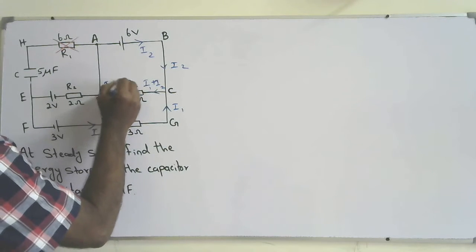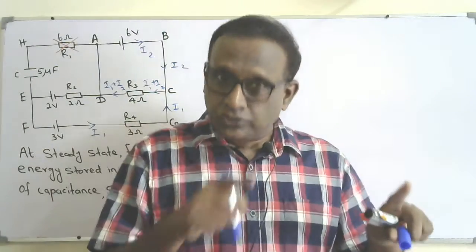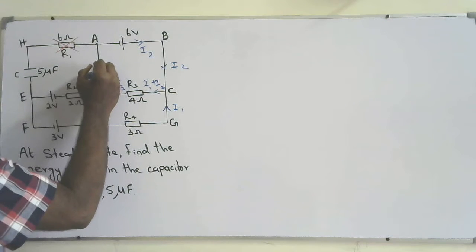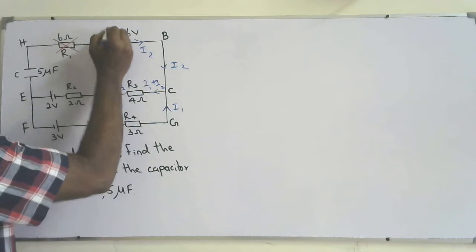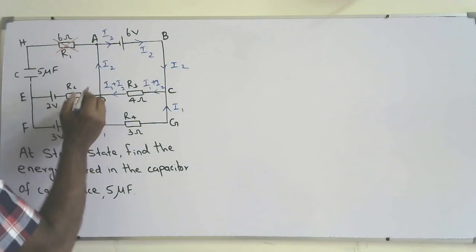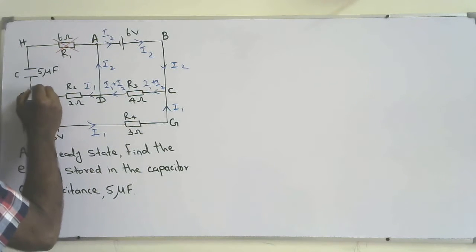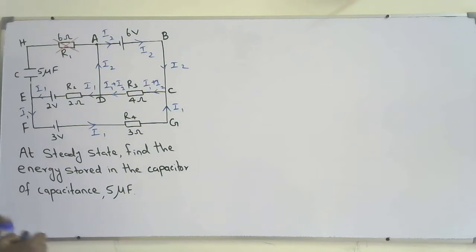The current which comes out through the terminal of a cell should reach the other terminal, so here current I2 should reach this cell. I1 plus I2 flows here, I2 flows here, and here I1, so I1 flows through this one to the terminal.